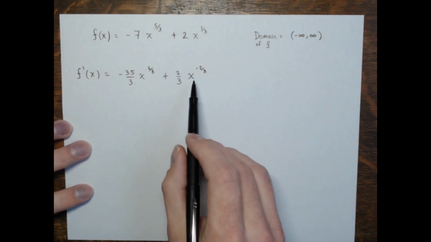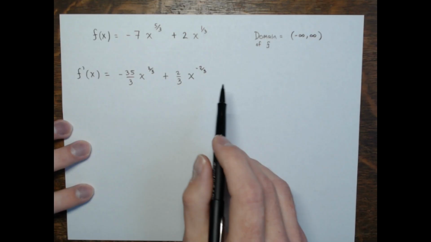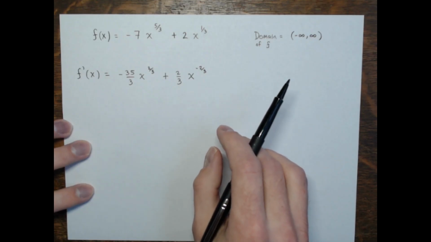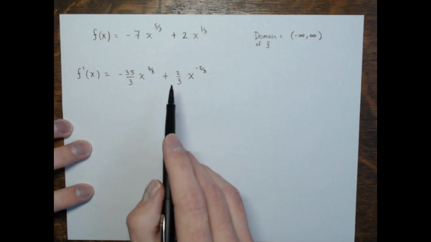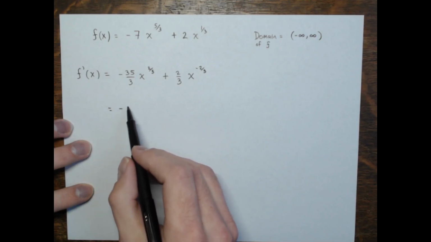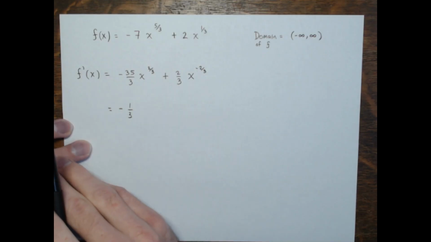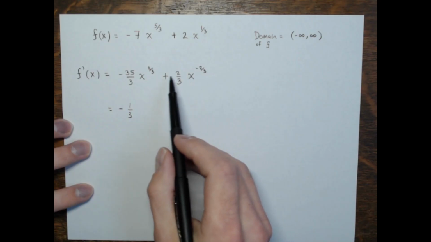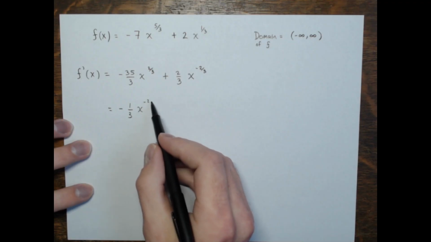Now I'm going to do a little factoring here to make finding the critical values a little easier. So you notice how both of these have, I'm going to pull out, because the lead has a negative, I'm going to pull out a negative 1/3, right? Both of these have a third in common. And the lowest power of x is x to the negative 2/3.